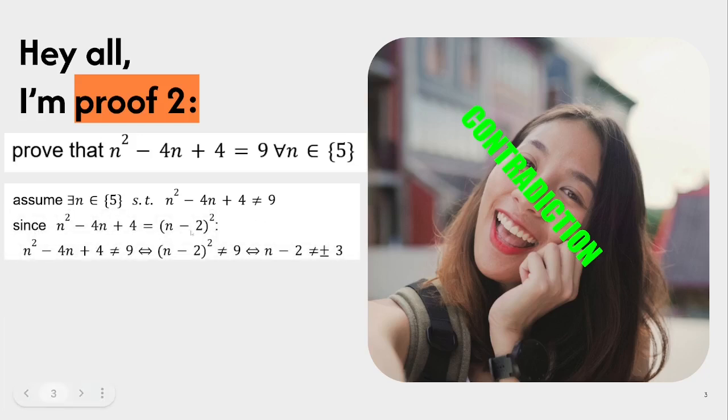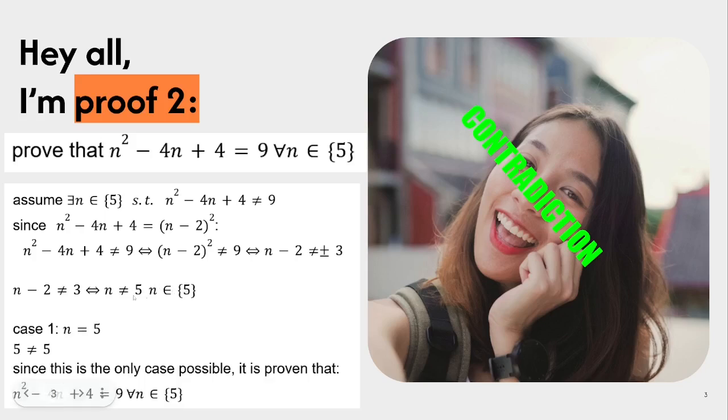With this, we can factor it into n minus 2 squared, and then do some algebra to get that n minus 2 does not equal plus or minus 3 in this assumed contradiction. And then if you do some more algebra, you can see that n does not equal 5 if n is in the set 5.